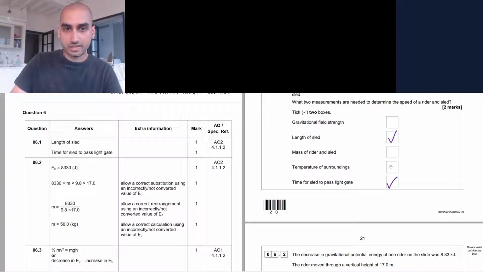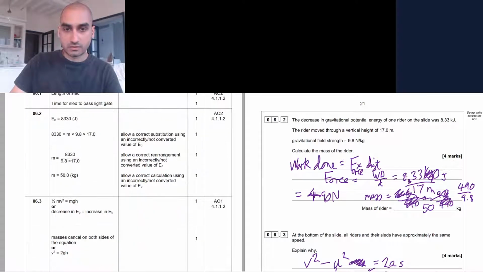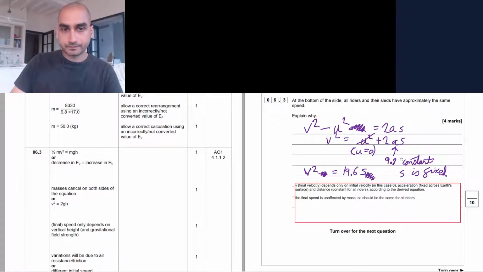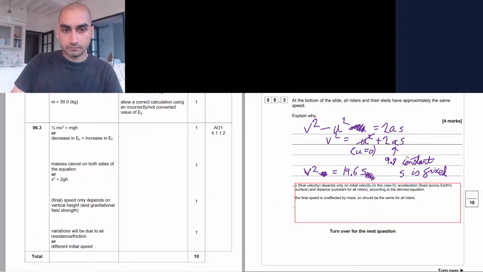Alright. Length of sled, time to pass gate. 50 kilograms. Final speed only depends on vertical height and gravitational field strength. Yeah, I've said this.